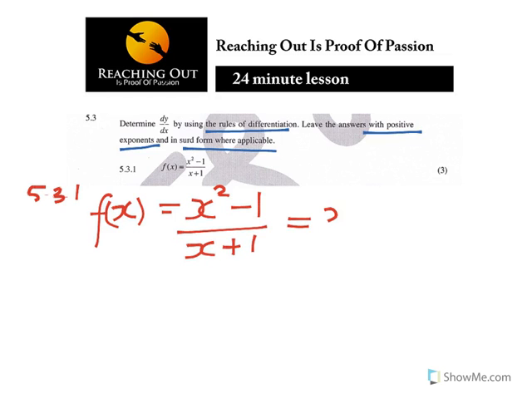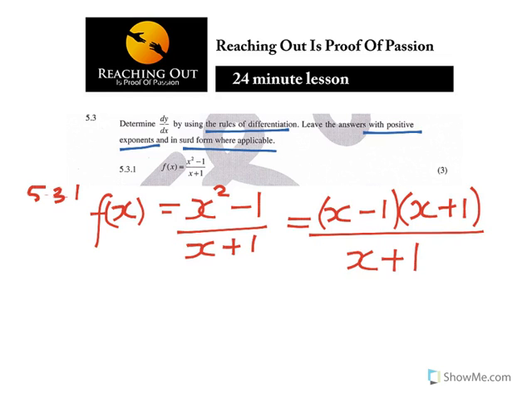Remember, this is a difference of 2 squares first. You can't differentiate at this stage. It's beyond the scope of this book to differentiate a fraction, but the thing they wanted to bring to your attention was that it was a difference of 2 squares, x minus 1, x plus 1, so that you are going to have now f of x is equal to x minus 1.